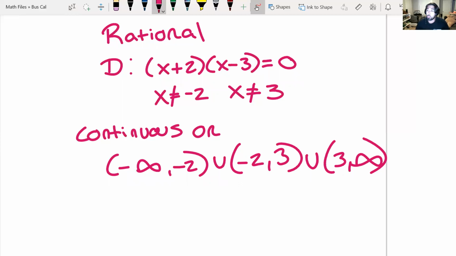And again, we can also say discontinuous at x equals -2 and x equals 3. So however you want to word it. It's better to state the interval notation because we will be using interval notation a lot in this class, especially when we get to graphing using first and second derivatives.